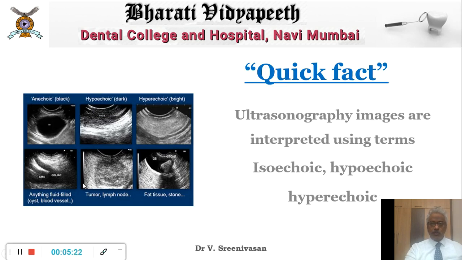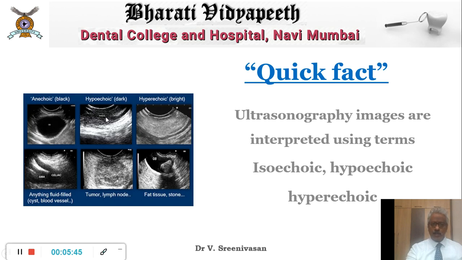Then we need to understand what the terminologies are. We say radiolucency, radiopacity, mixed radiolucency and radiopacity. So there is certain unique terminology which comes with the imaging modality of ultrasound. This technology uses the term anechoic. That means there is no echo, nothing comes back. It passes through and through.